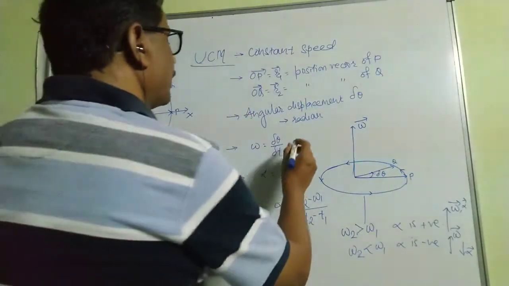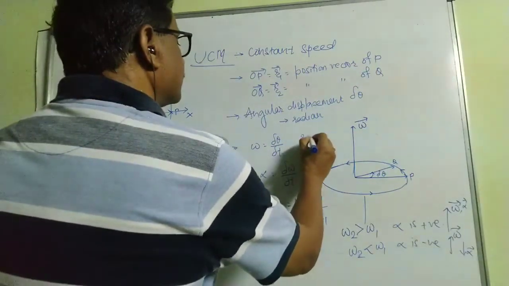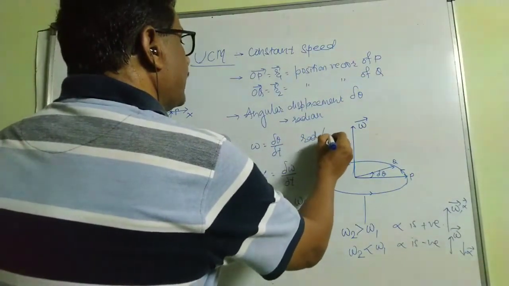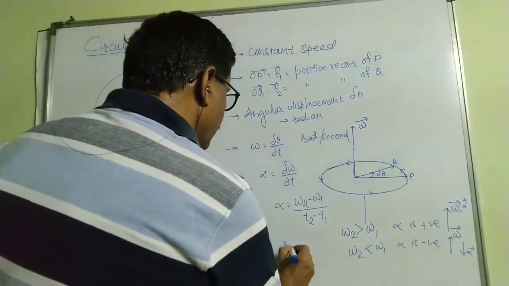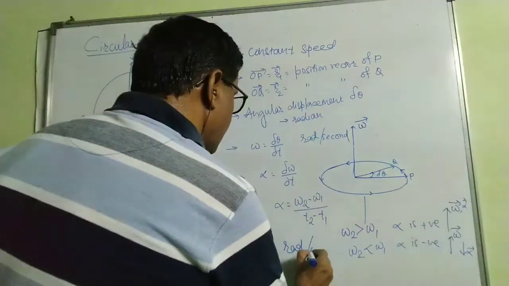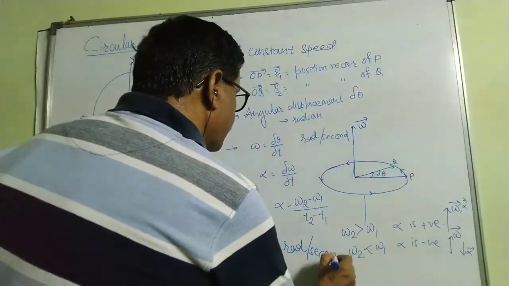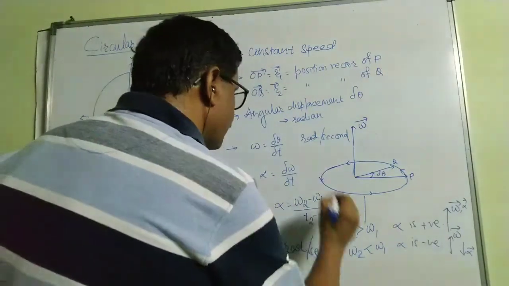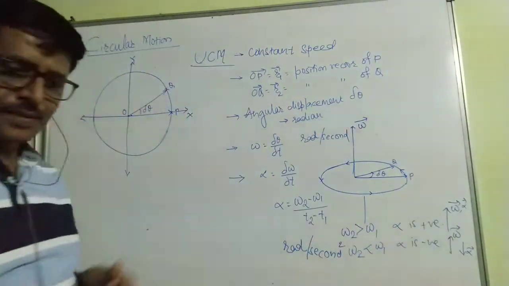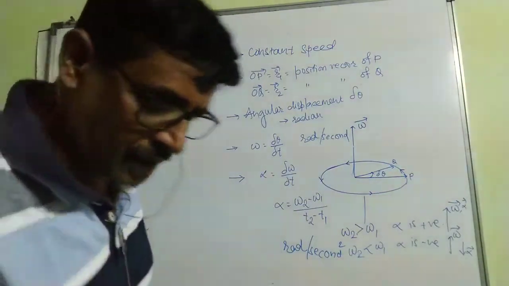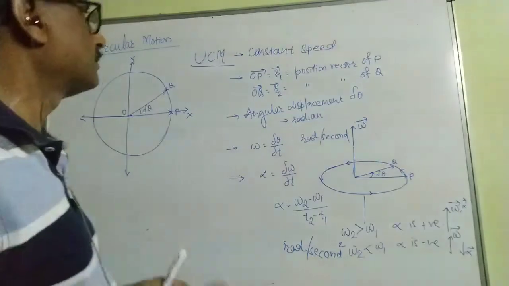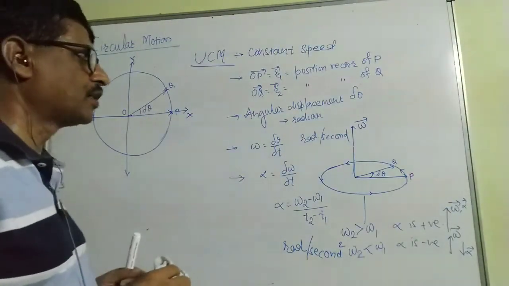The unit of angular velocity is radian per second and the unit of angular acceleration is radian per second square. This is the terminology used in circular motion.